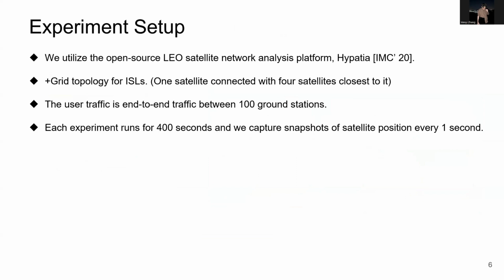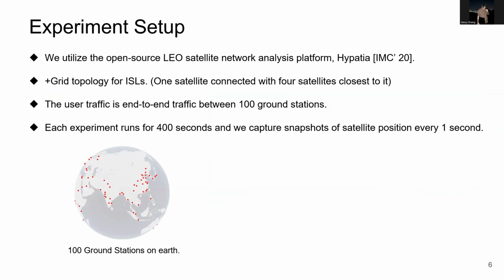To explore this, we chose a simulation-based method to measure the performance of different LEO constellations with different parameters. The simulator we use is called Hypatia, and the topology for ISLs is PlusGrid. The user traffic is the end-to-end traffic of 100 ground stations chosen on Earth.